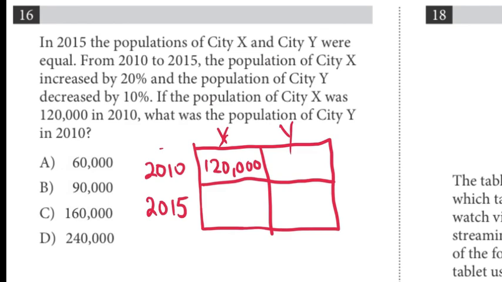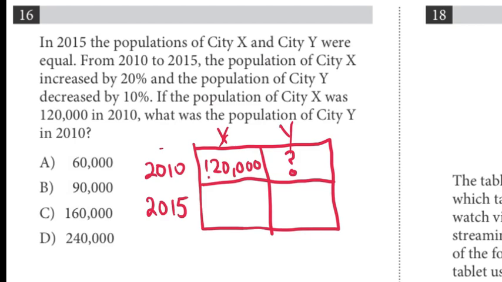Now, what we're trying to find is what was the population of city Y in 2010. So this is the box we're trying to find, but we have to find these other boxes to calculate the answer. So in 2015, we know X increased from 2010 to 2015 by 20%.